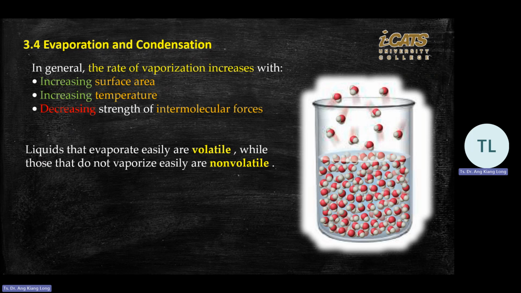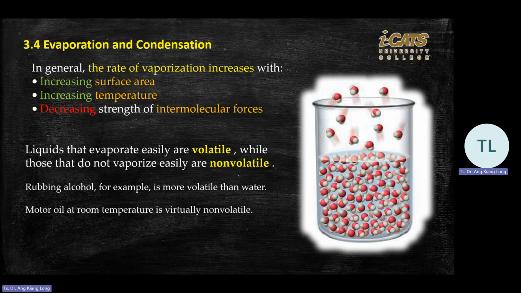Sometimes in Section C, the third section of the question, it will ask you which liquid or which surface will be more volatile. And the rest is just to give you an example.